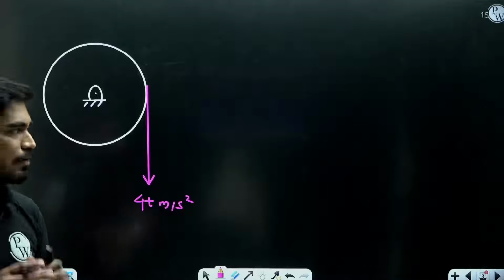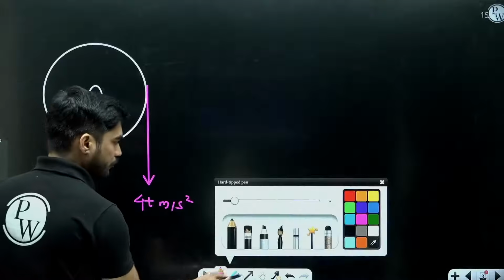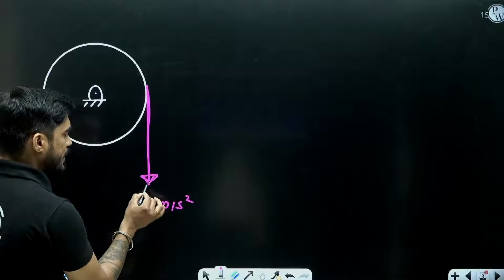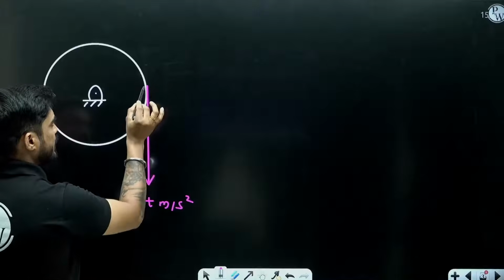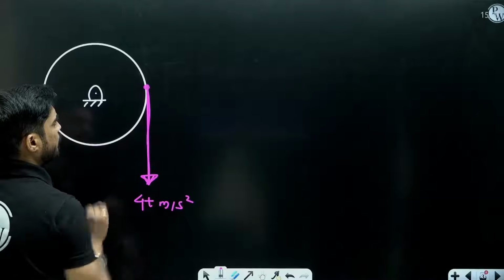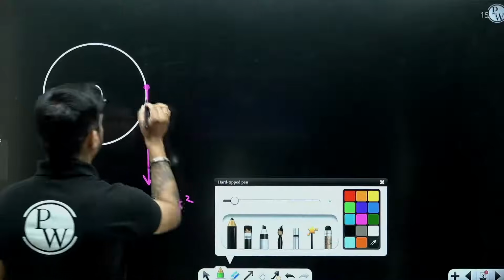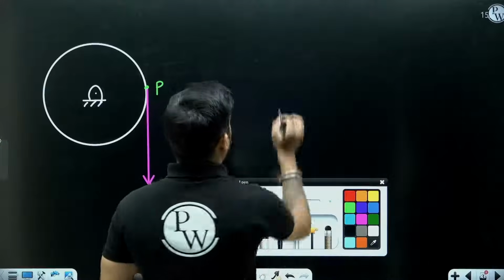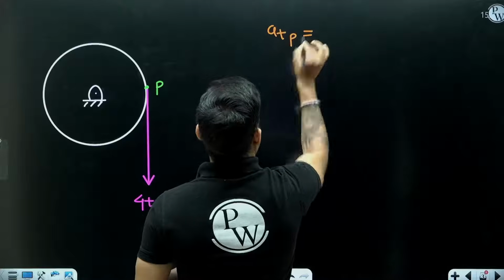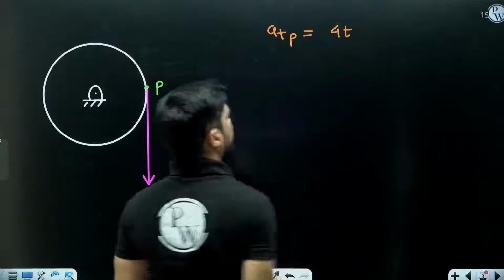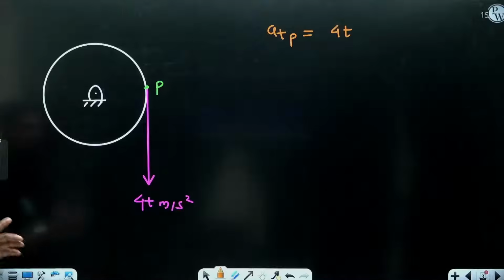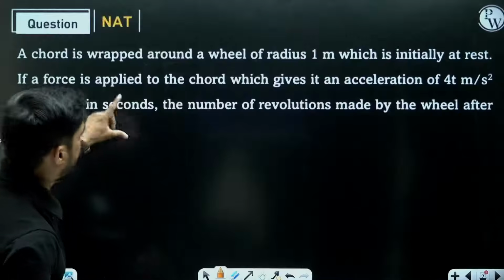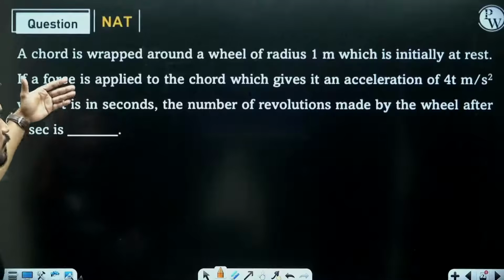Okay, now understand this. Whatever acceleration this cord has, tangential acceleration of this point will be same. Let's say this point is point P. So the tangential acceleration of point P will be equal to 4t meter per second square. Why? Because we have to assume that the cord does not slip on this wheel. Although it is not mentioned, but without assuming it, we will not be able to solve.